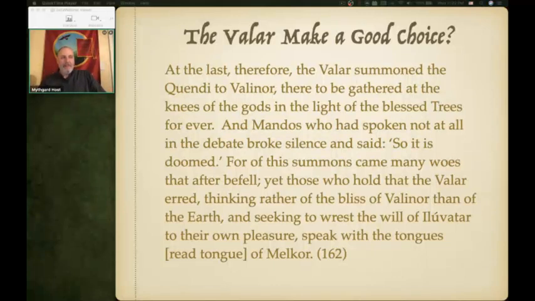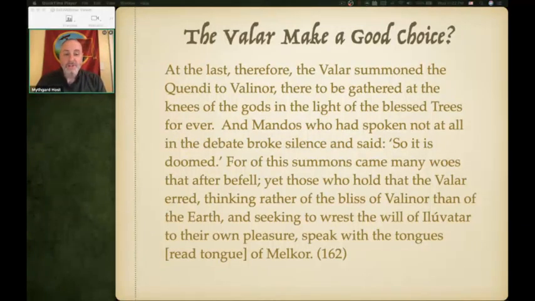Okay. Of all of the passages in phase one, again, in the entirety of what Christopher gave us there for phase one of the revisions of the Quenta, this is the passage that made my mouth drop open more than any other. At the last, therefore, the Valar summoned the Quendi to Valinor, there to be gathered at the knees of the gods in the light of the blessed trees forever.